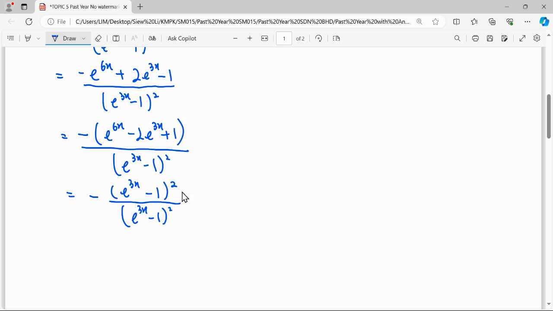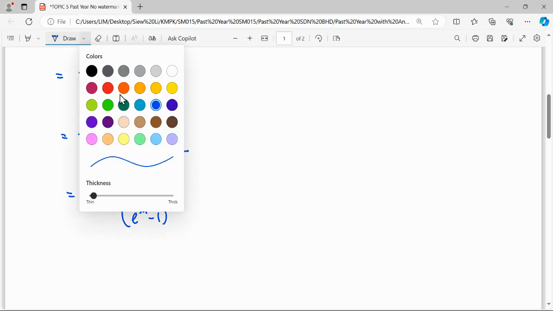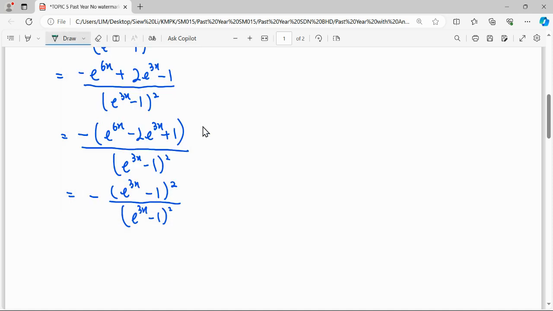If you find it hard to see this, we can let it be an unknown m, let's say. So we let m be e^(3x). Alright, so this is m squared minus 2m plus 1 over (m minus 1) squared.